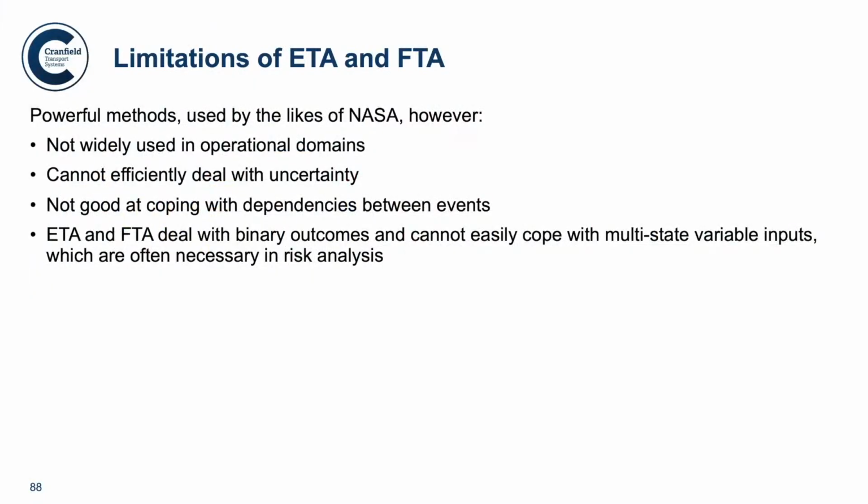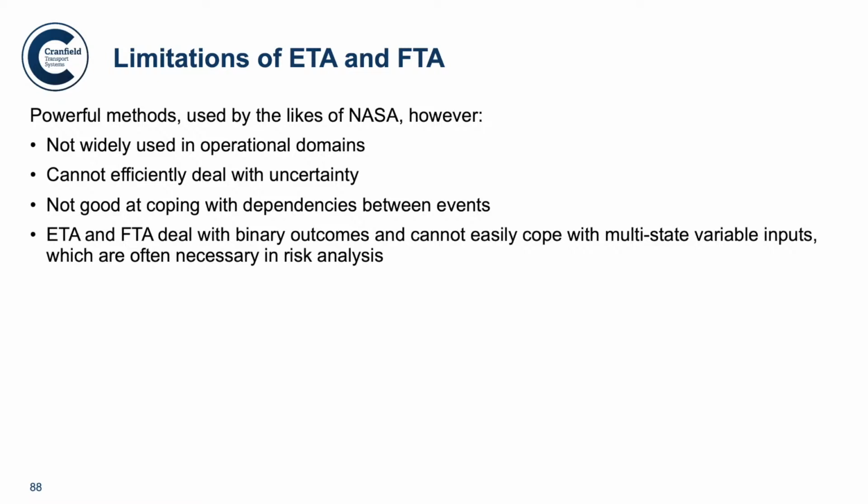So, for example, really bad weather or flooding or something like that could cause one part of a system to fail and then cause an entirely different part of a system to fail. The two aren't related, but because the two things are failing at the same time, the consequences are different and the severity cascades. It's difficult for ETAs and FTAs to cope with that.